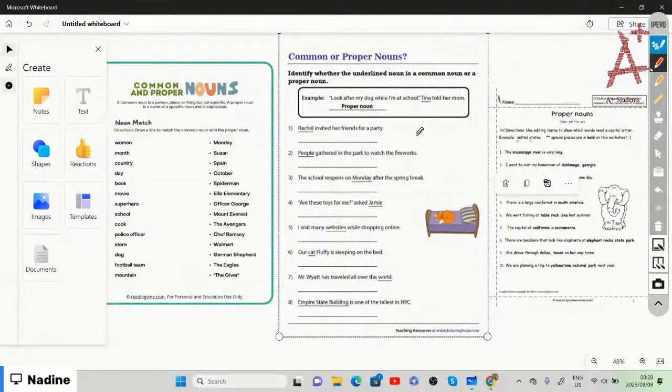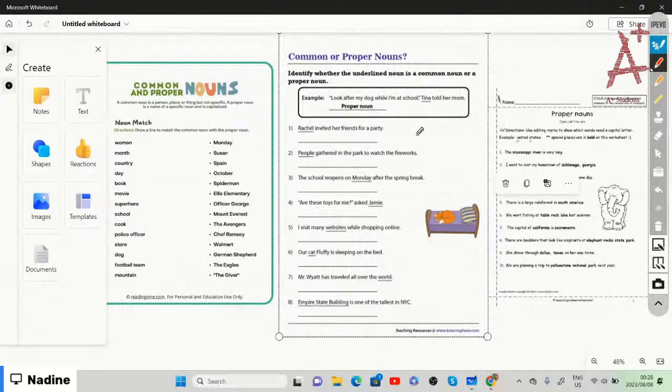So the word Tina is underlined, and Tina is a proper noun. It is the name of a specific person. So we need to say whether it is a proper noun or a common noun.